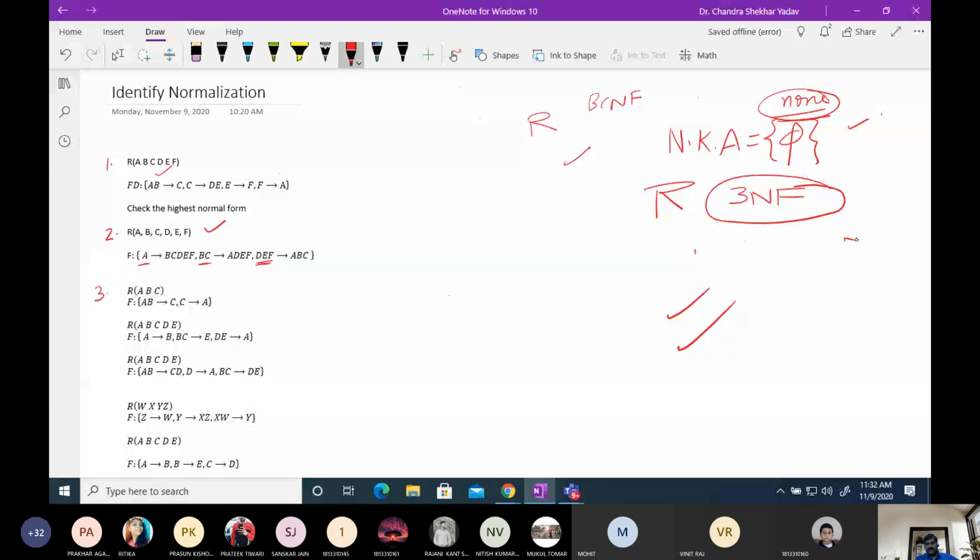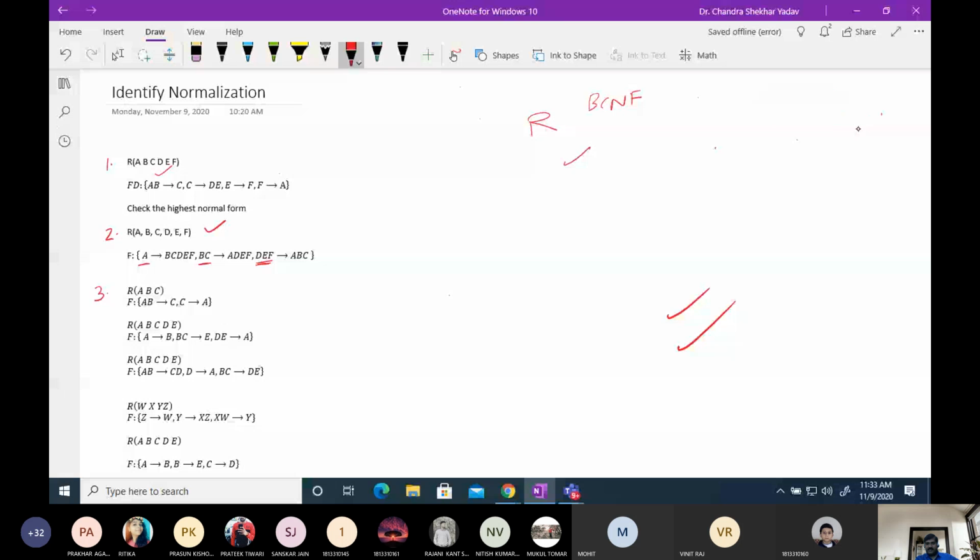We will check from highest normal form to lowest normal form. As you all know, BCNF is stricter than third normal form. And if any relation is in BCNF, then it is in third normal form.